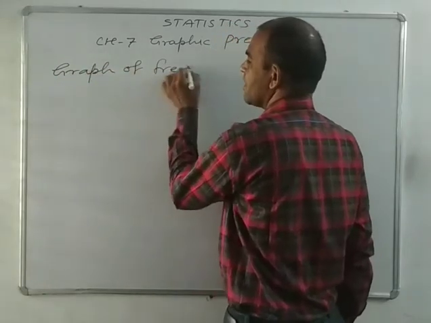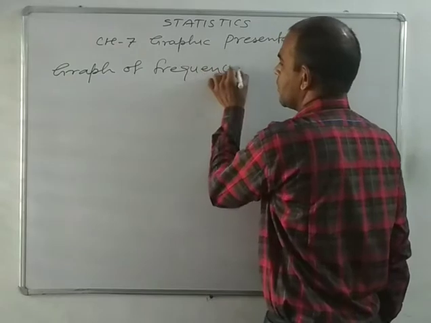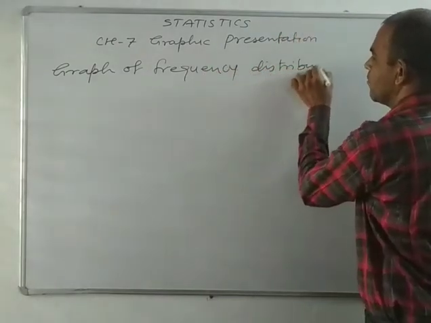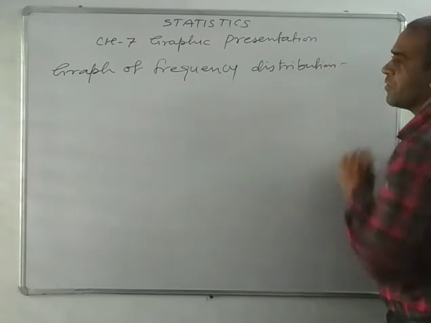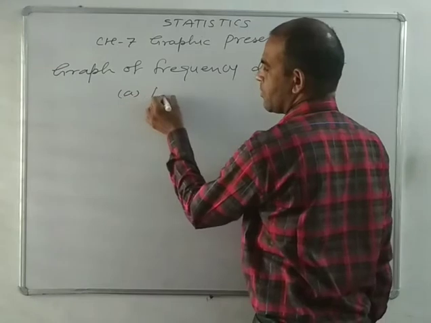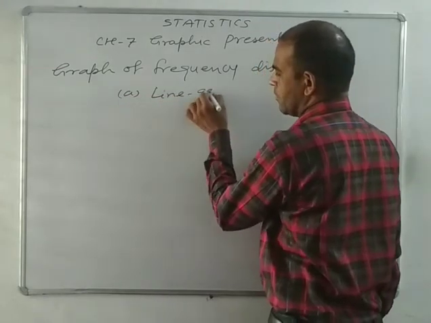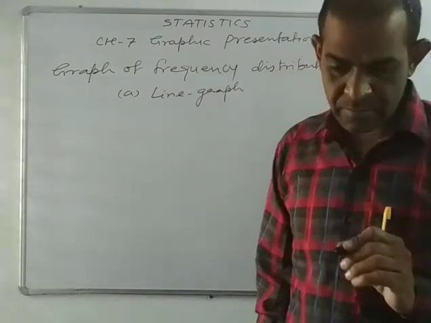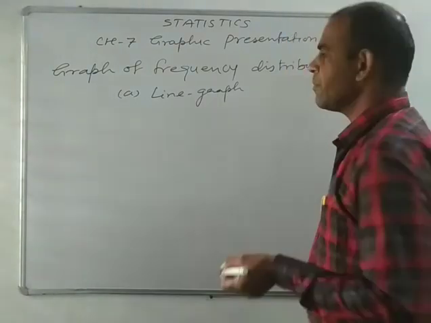Graph of frequency distribution. In the frequency distribution, first graph is line graph. Second, histogram.